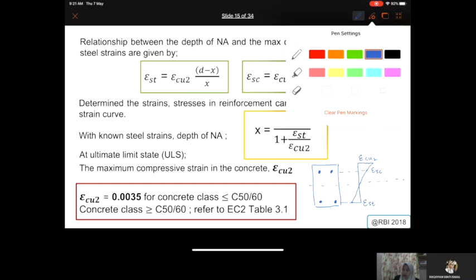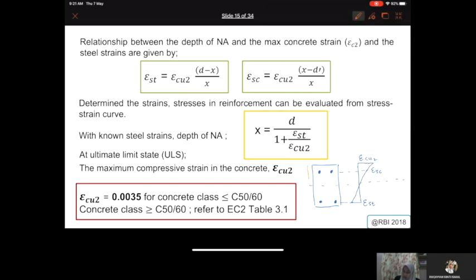One parameter that we are aware of is the height of the bottom reinforcement, which we normally say is equal to d, and we also know the location of our reinforcement at compression, which we normally denote as d dash. And another parameter that we know is your x.